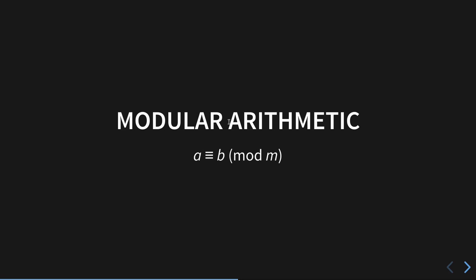So in mathematics, these equivalences are covered in modular arithmetic, and it's different. Instead of using an operator, we say that two numbers are congruent, which means that they are equivalent in a certain modulus.